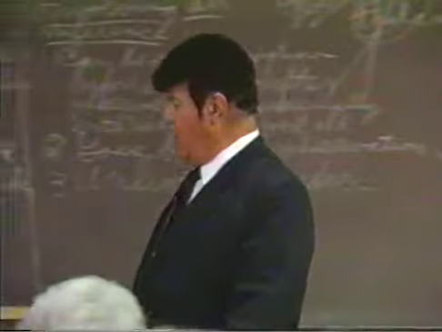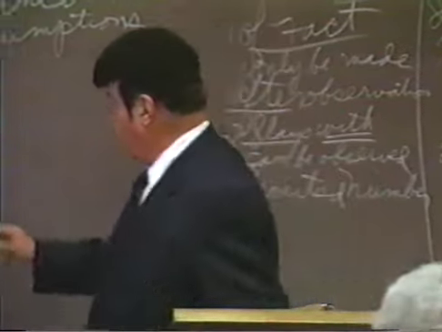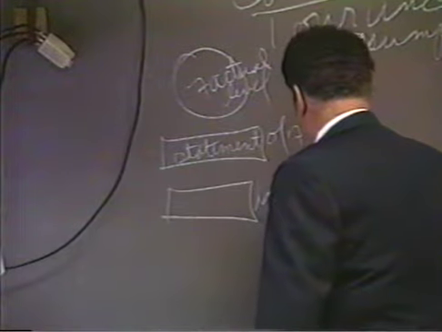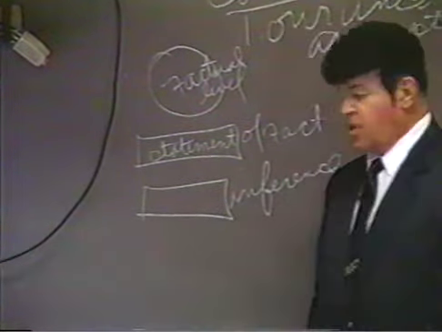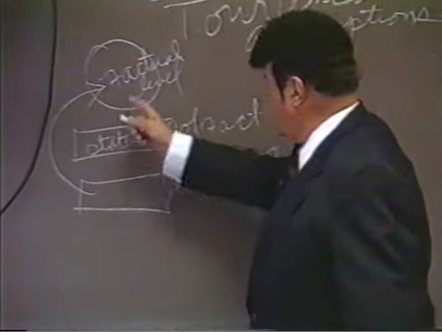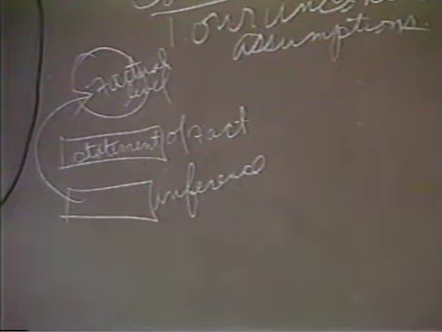Another example, number 4 of a statement of fact. And by the way, here's what it looks like. These are inferences. When we jump to conclusions, we bypass the statement of fact level. We pass off our inferences as if they were factual. These two words are very interesting, as if.